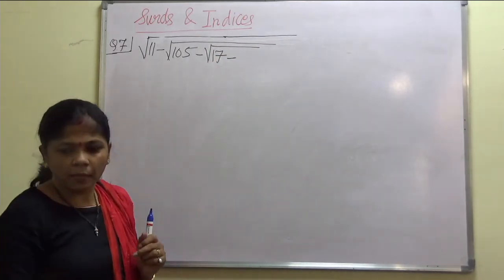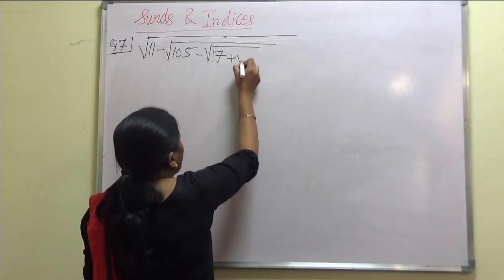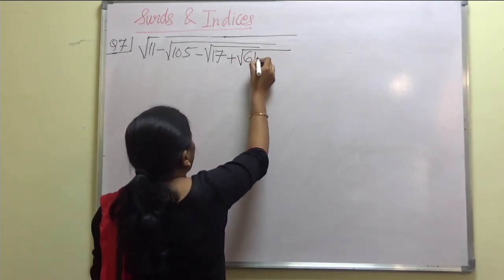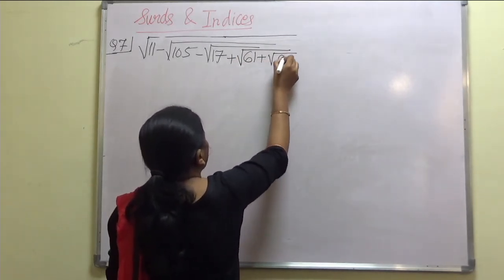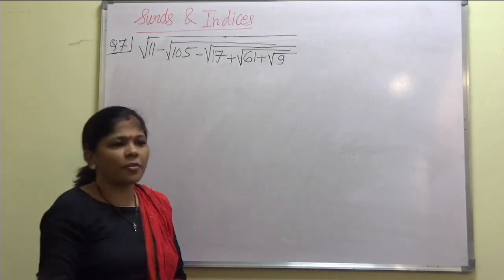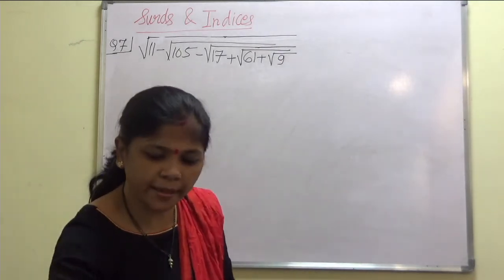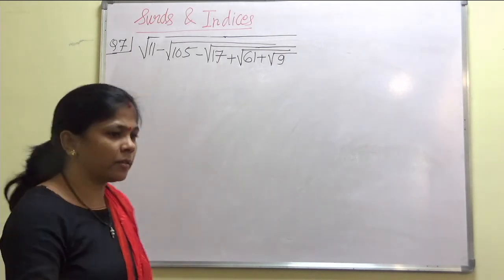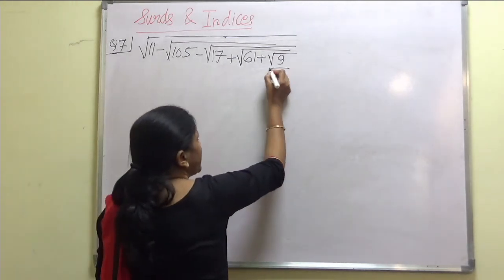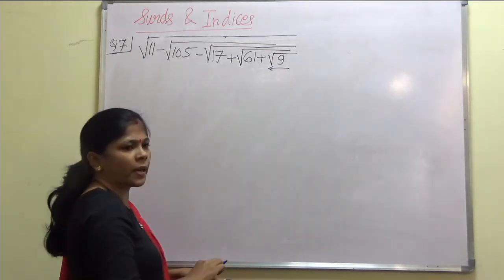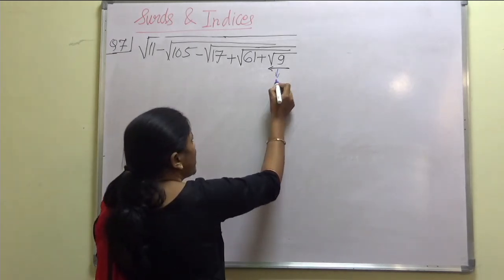And then plus under root of 61 plus under root of 9. This is what we have for this particular example, right? So let us start with the right hand side, rightmost term, right? So under root of 9, this is nothing but 3.